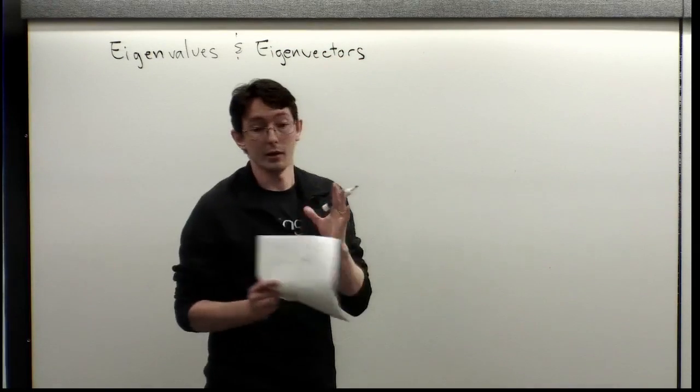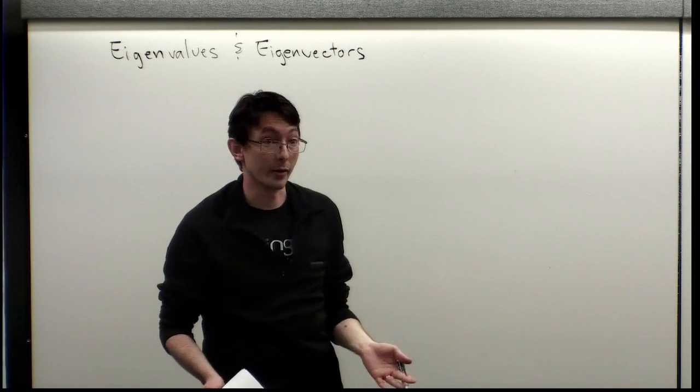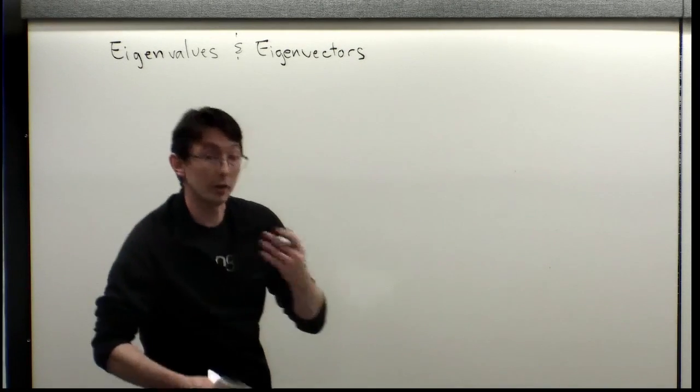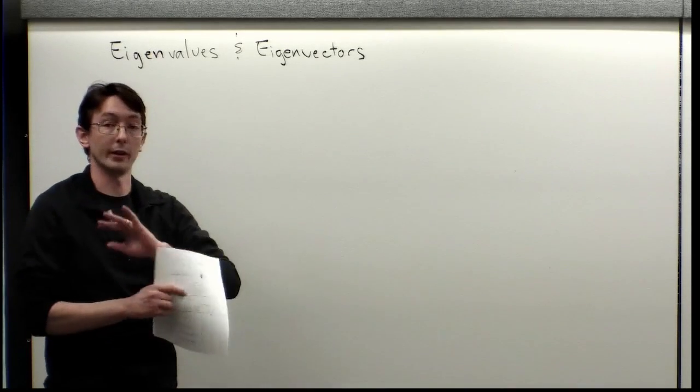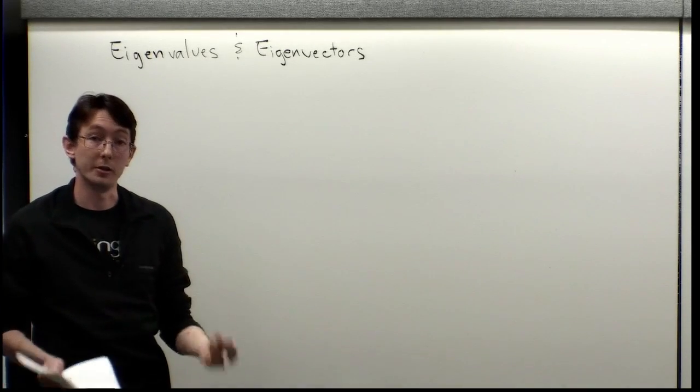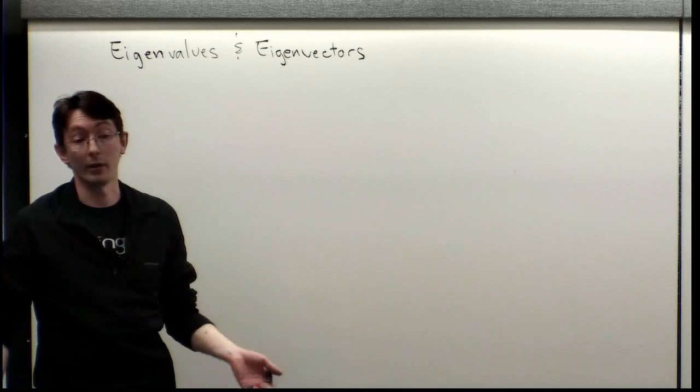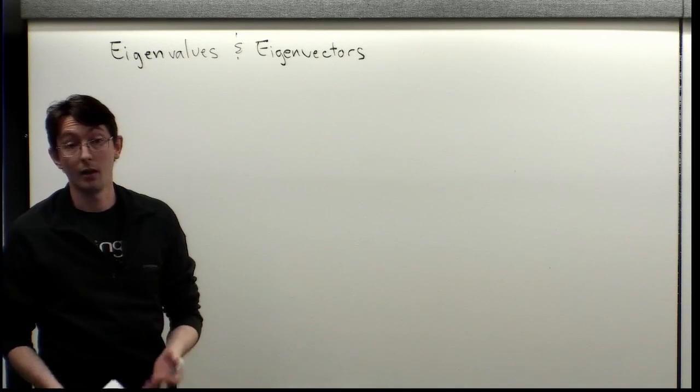Remember, linear algebra is not a prerequisite for this class, but we are going to use linear algebra. If you haven't seen this before, we're going to go through all of the stuff you need to work with eigenvalues and eigenvectors.